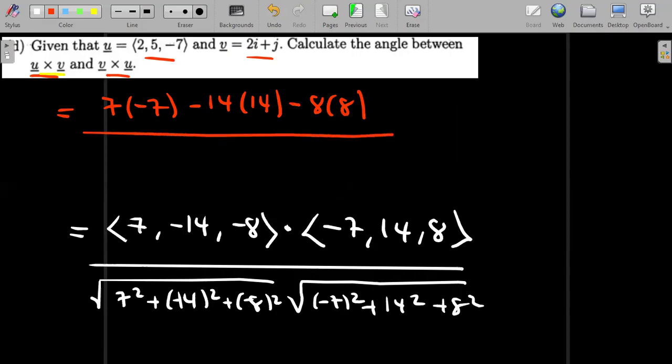Divided by, when I square those terms and add them, root of 309, and also root of 309.